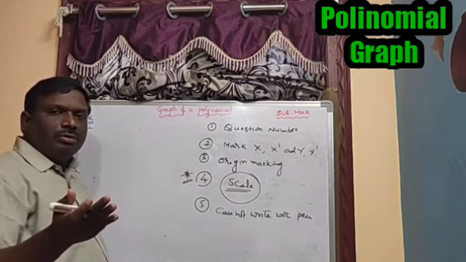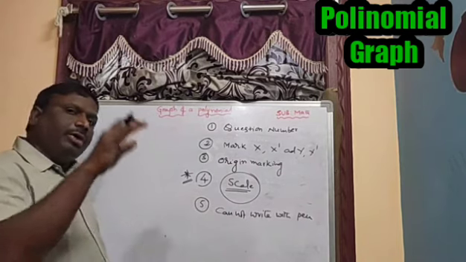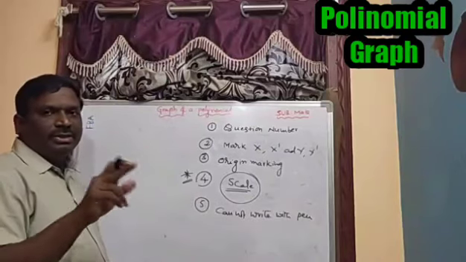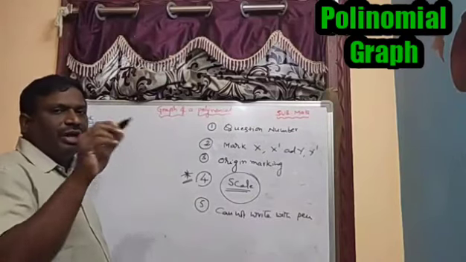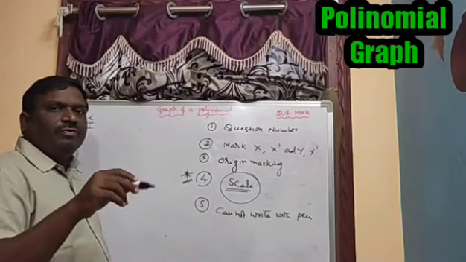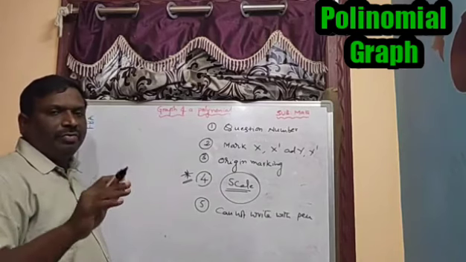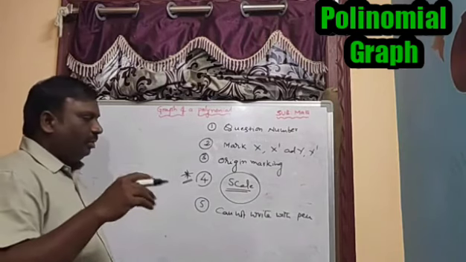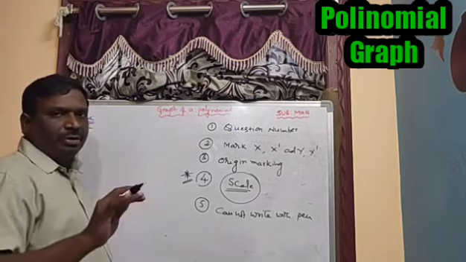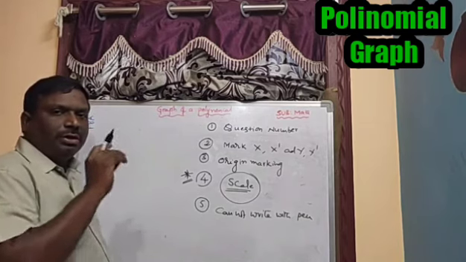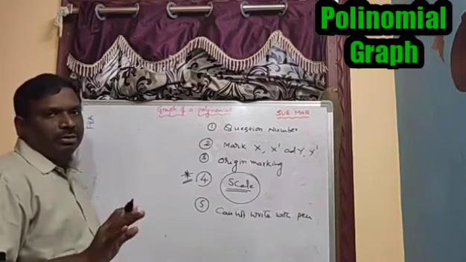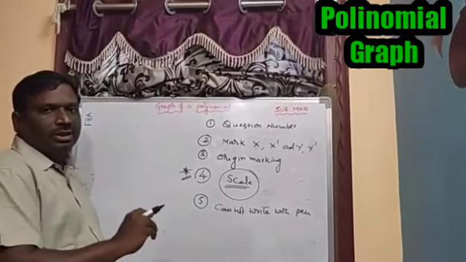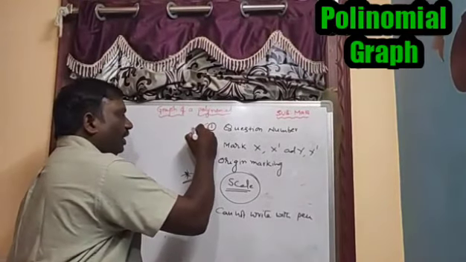So back side of the graph paper, you can write with pen. There are rule lines. On those rule lines, you can draw the table or justification and result. Also, you can write whatever it may be. You can write with your pen, but don't write on the graph paper with your pen. Always use pencil. Don't forget this one.